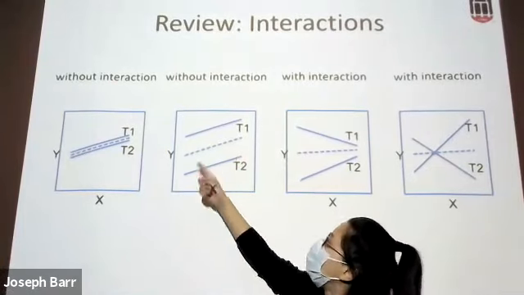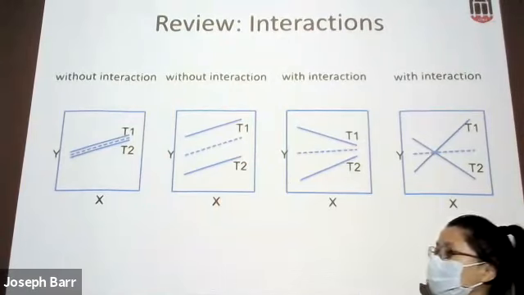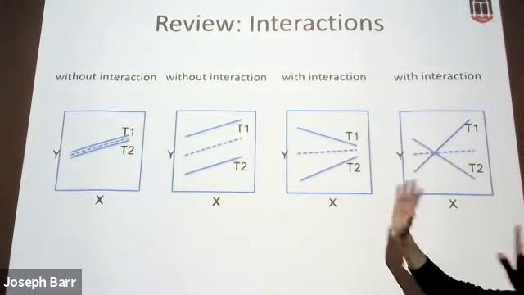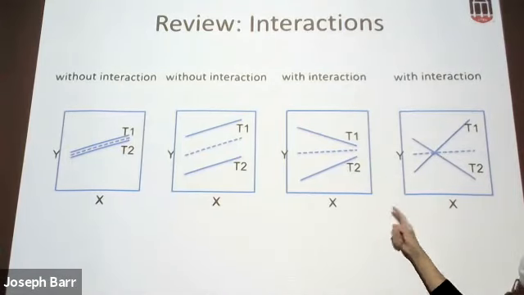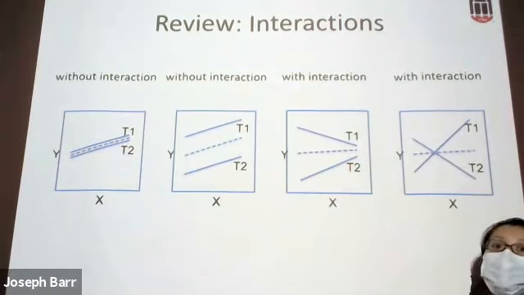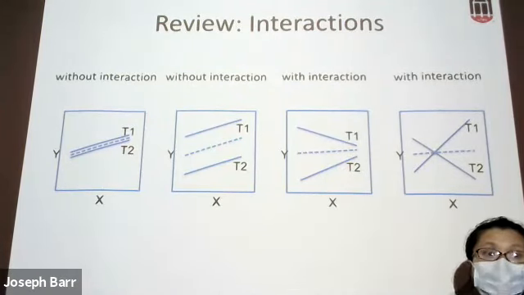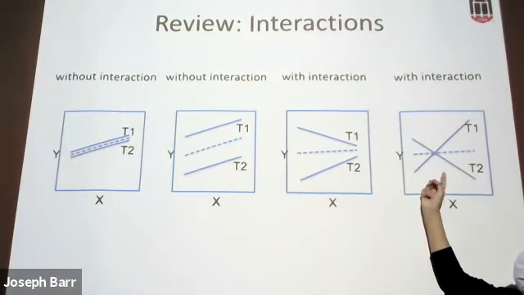Okay, different conditions, different groups, T1 and T2, they are parallel to each other, no interaction term. But look at these two cases. T1 and T2, the regression lines are not parallel to each other. In that case, we have an interaction term. Same thing in this case.